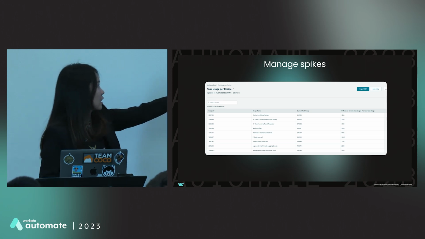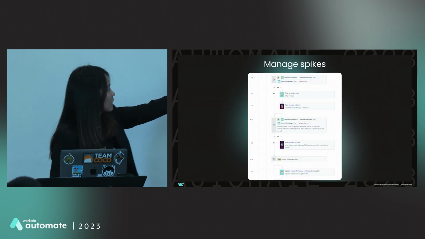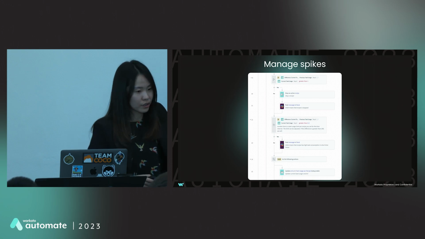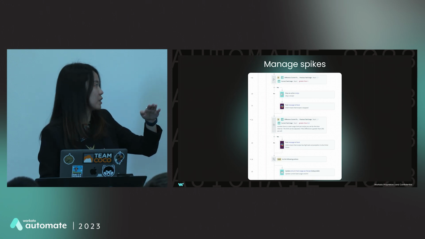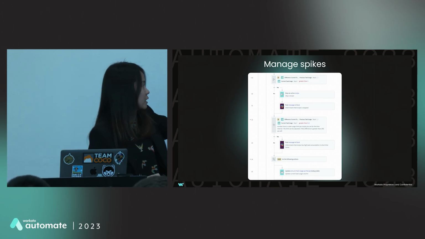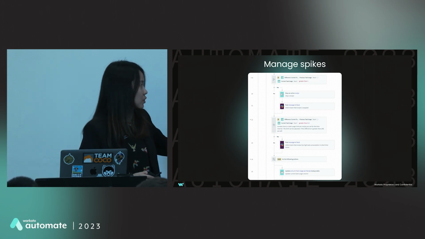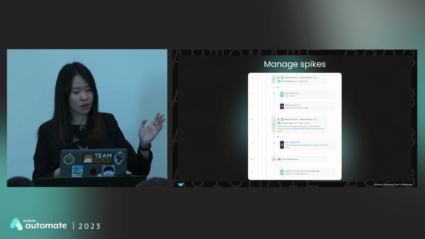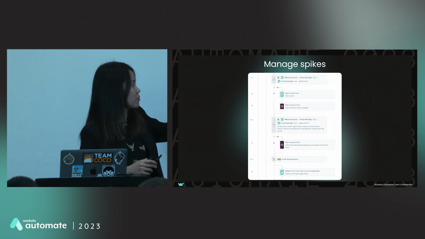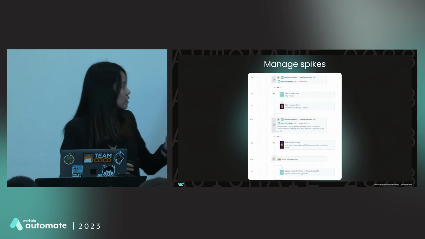Then using that to calculate the difference between the previous usage and the current. And if it's spiked in the last 10 minutes, post a message on Slack, as well as update your team members on the fact that, hey, this recipe has gone up more than 20% in the last 10 minutes.